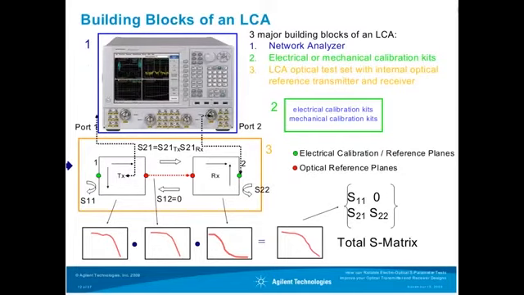And the third important building block is the Lightwave Component Analyzer test set, which basically consists of a transmitter and a receiver. And what you actually see is that a network analyzer always makes a measurement in the electrical domain, from electrical to electrical.